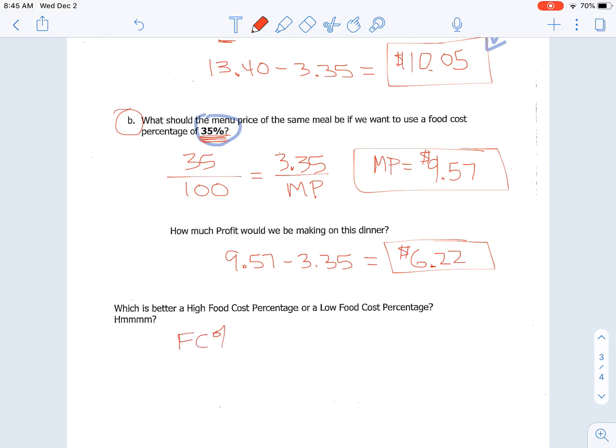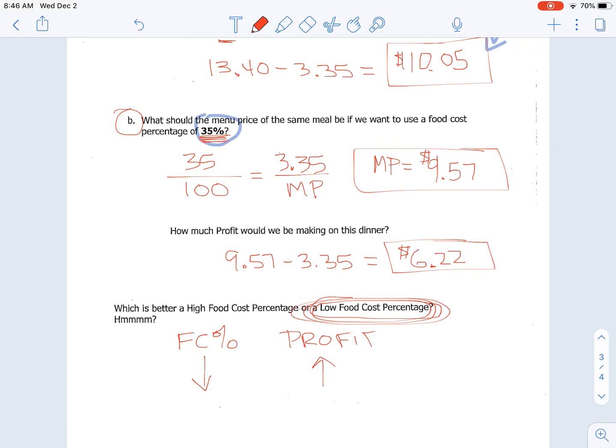If the food cost percentage is low, the profit will go up, right? So a low food cost percentage is better for the business owner? Does everybody agree with that?